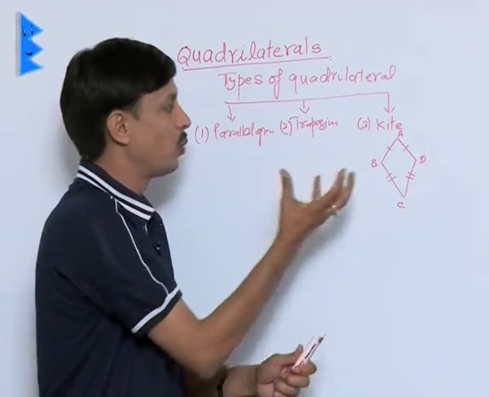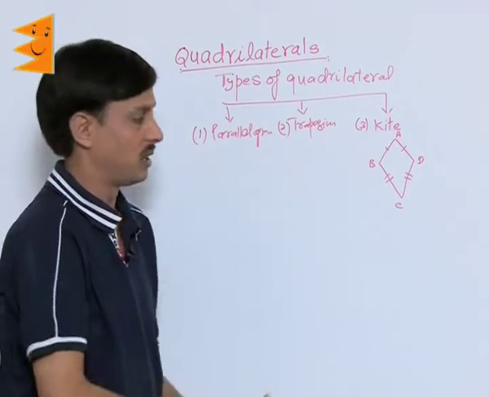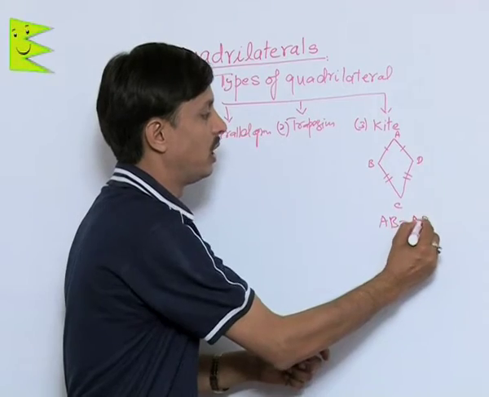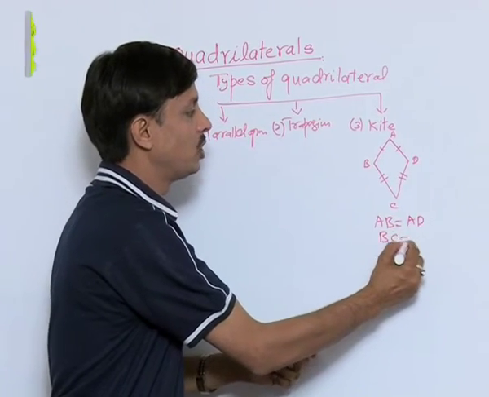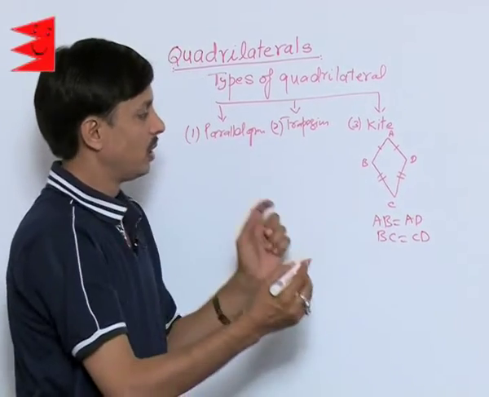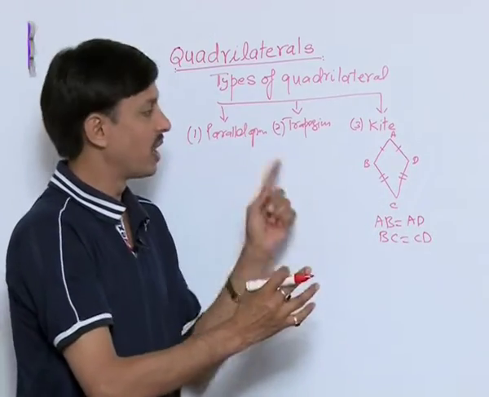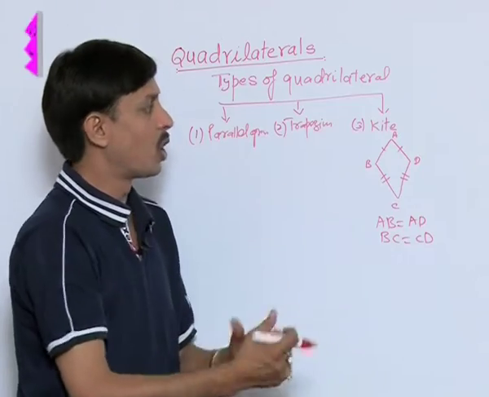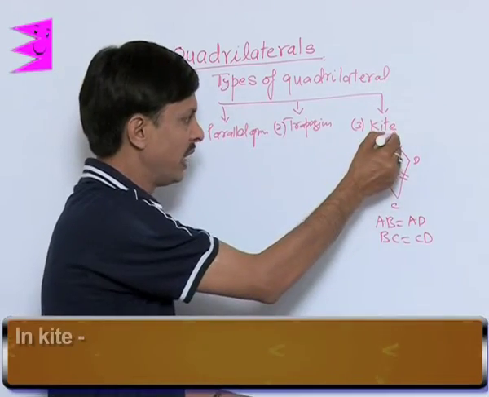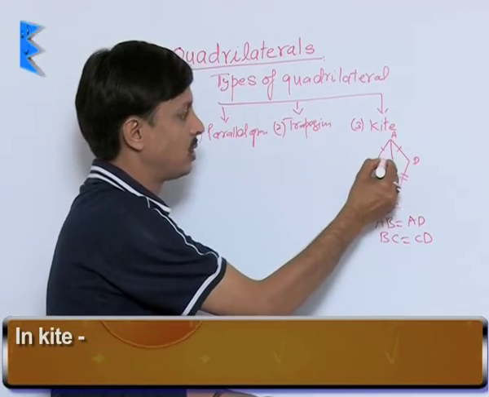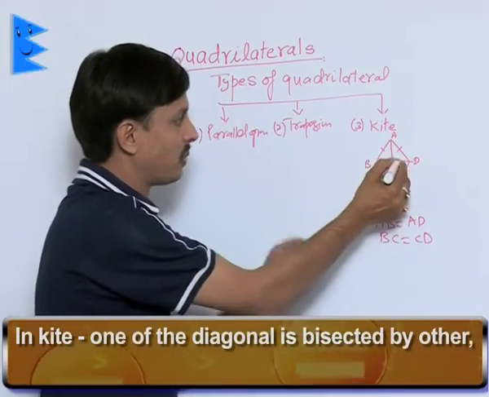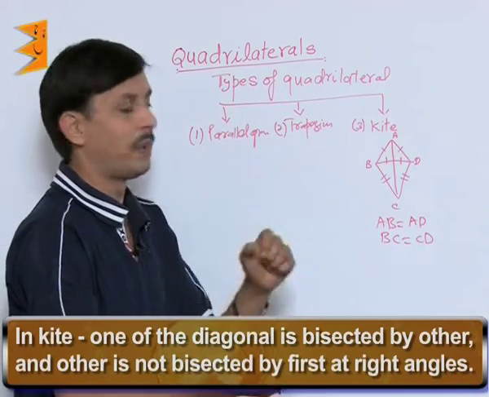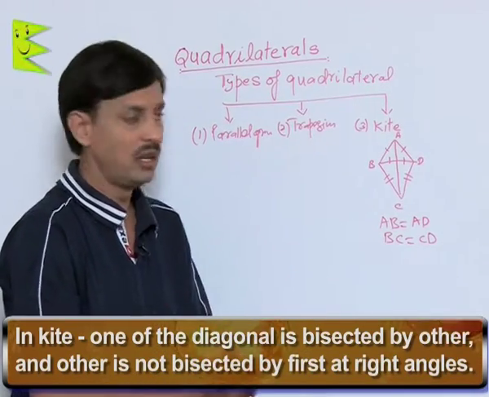So this is one variety of quadrilaterals as shown here, that AB is equal to AD and BC is equal to CD. So this is the kite. Kite is one of the types of quadrilaterals. If you talk about the property in the kite, you can see that one of the diagonals is bisected by the other, and the other is not bisected by the first, at right angle.